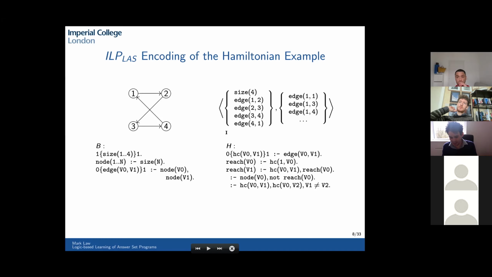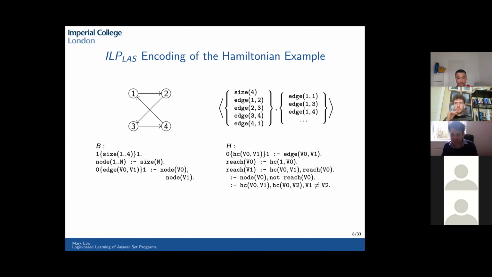So it could be that instead of having edge, we can have some other predicate that has a value where we have a fixed set and then an output value, and that can represent things that are non-binary. But the example itself will either be covered or not covered, because there will either be an answer set that contains all of the inclusions and none of the exclusions, or there won't be such an answer set.